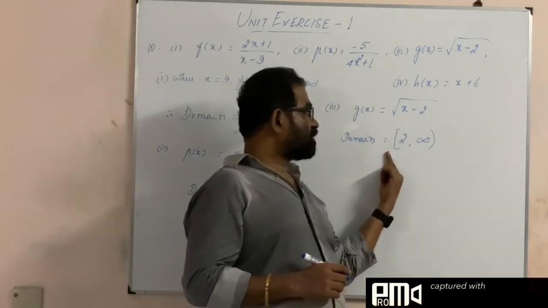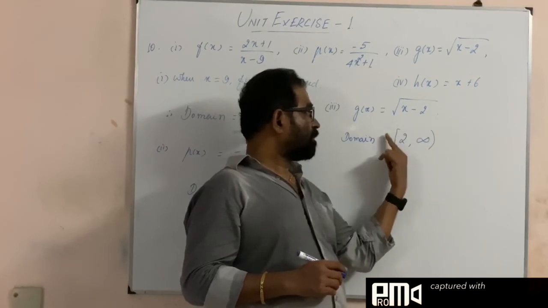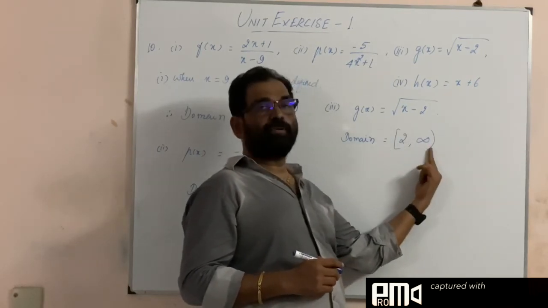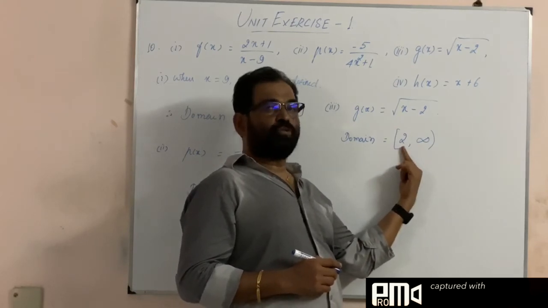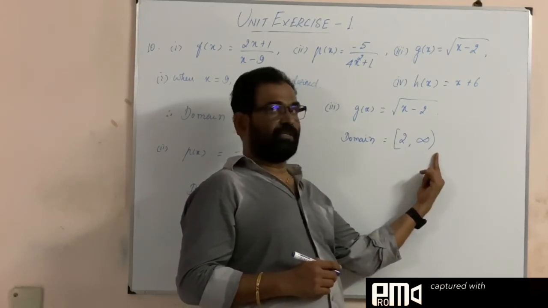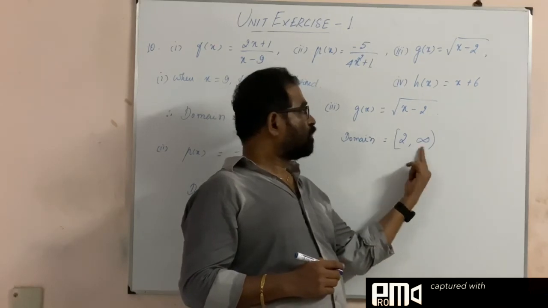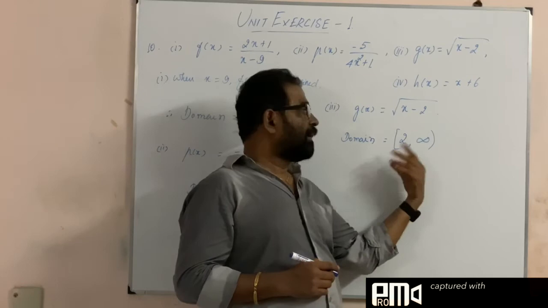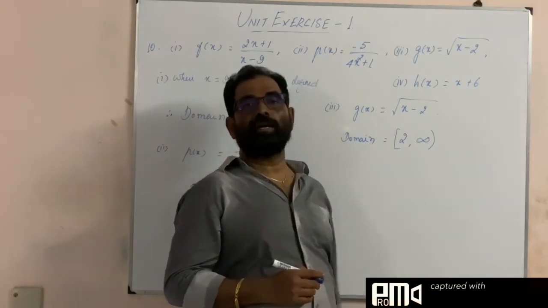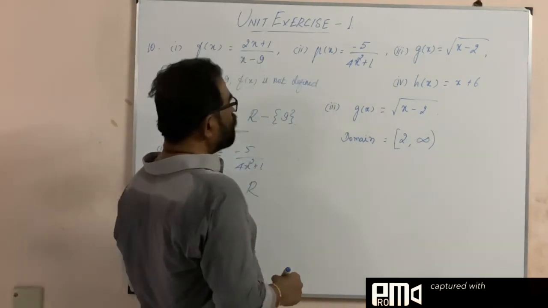It should not come less. So at 2 we use a closed bracket, which means you can include 2, and at infinity an open bracket, since we cannot include infinity. 2 to infinity: 2, 3, 4, 5, 6, or 2.1, 2.2, 2.3. Any values from 2 to infinity you can take for the domain.